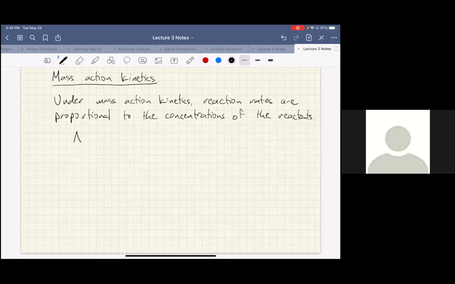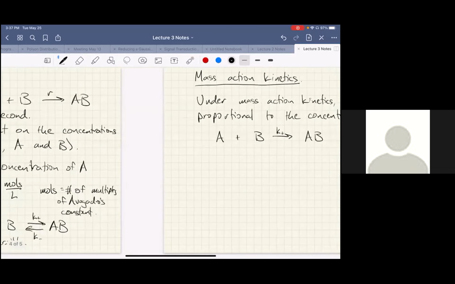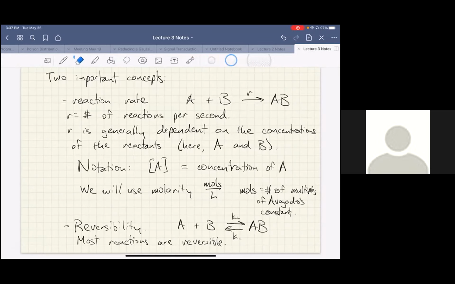So in a synthesis reaction, if I have a certain rate, A plus B to AB, the rate of that forward reaction will be some constant. I'm going to call it K plus. Again, that's my forward reaction rate constant times the concentration of the two reactants. Earlier, on the last page, I wrote the actual reaction rate on top of that arrow.